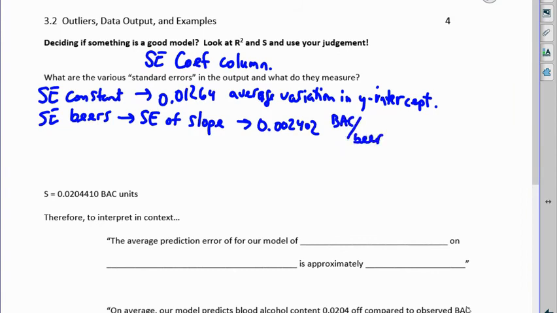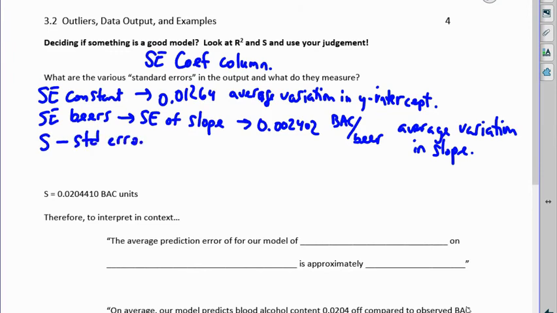On average, you expect the slope to vary by that much. So if you did this model over and over again, went out, gathered new data, you'd expect the slope to vary by about that much. And then, of course, you saw the SE, the letter S, which was our standard error of our residuals.